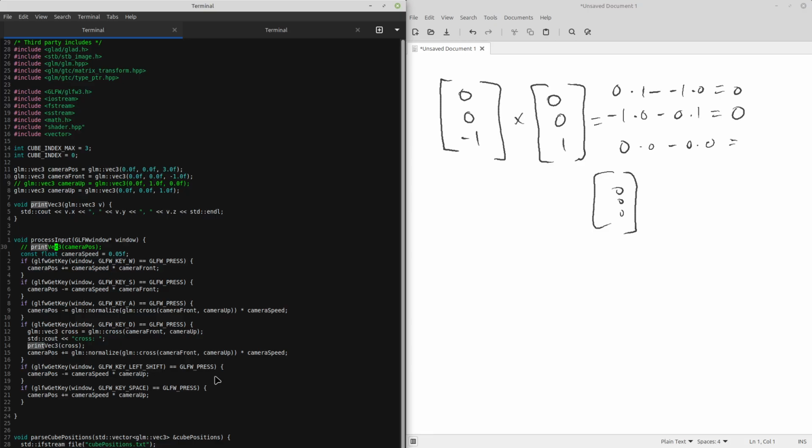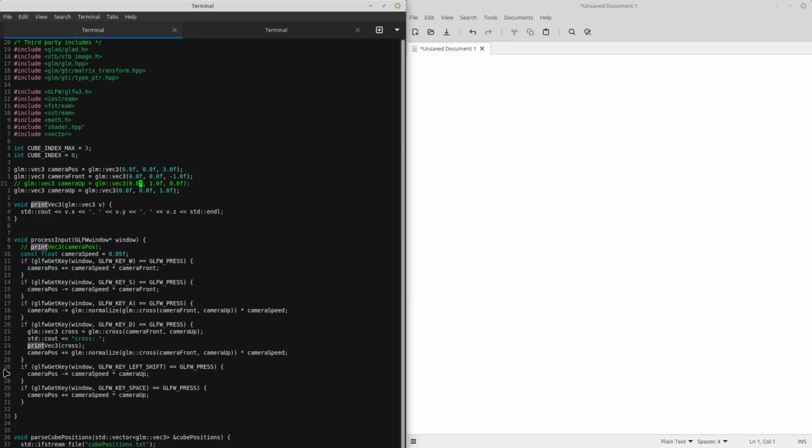Why is that negative 0? I don't really know. It doesn't really matter. We can just move on past this and try to keep making progress.